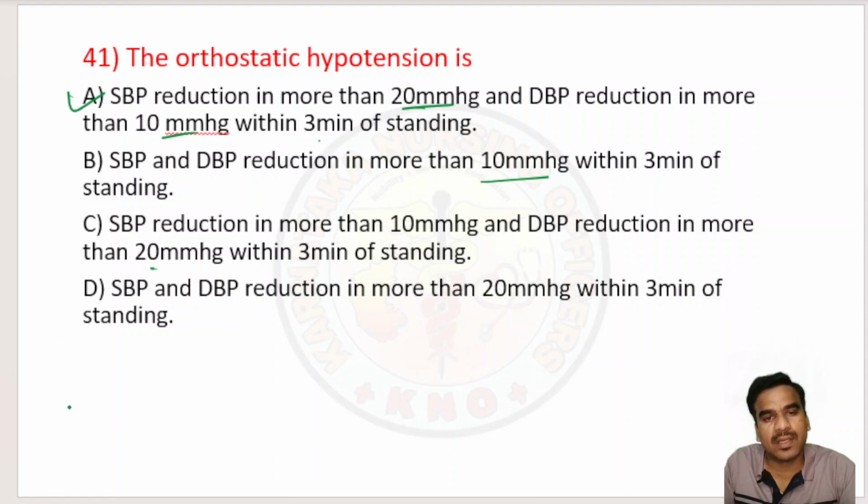Suppose a person is lying down, and his BP is 120 by 80 when lying on the bed. Then the person stands; orthostatic means the person has to stand. Within 3 minutes only, we have to check the BP.